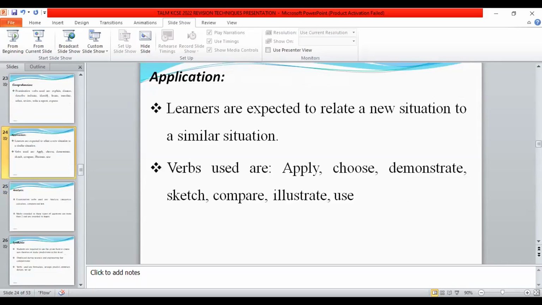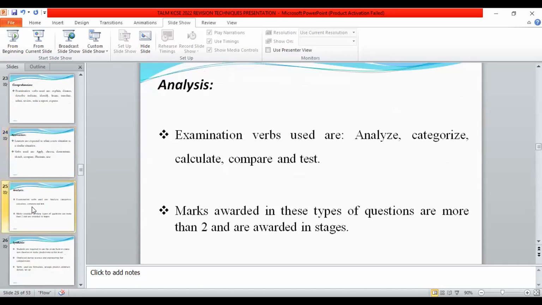The other level is what we call analysis. And in analysis, this one involves learners or candidates understanding the content, breaking down that piece of information into a clear message, and then they relate it to a new situation. Previously, this is a question that used to be tested only in biology paper 2, question number 6.